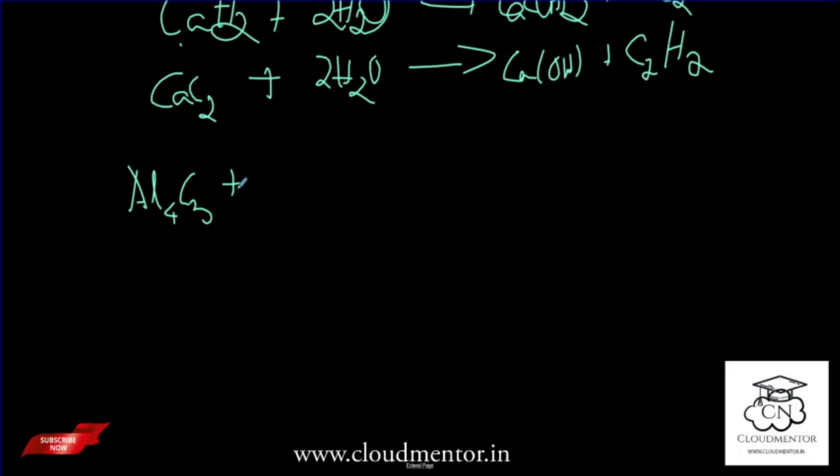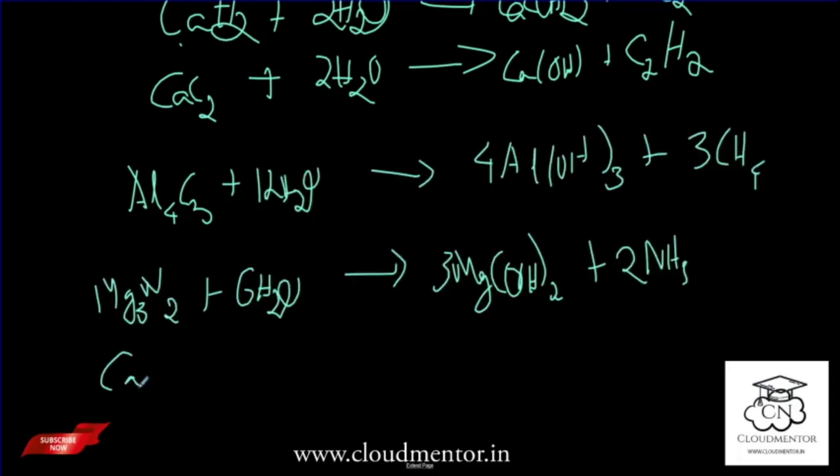And that of the phosphide of calcium, that is Ca3P2, reacts with water to give 3Ca(OH)2 and phosphine, and the carbide decomposes to give methane.